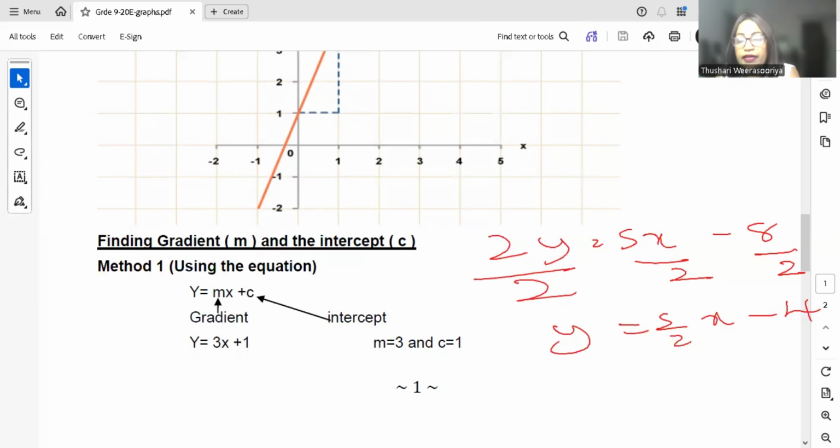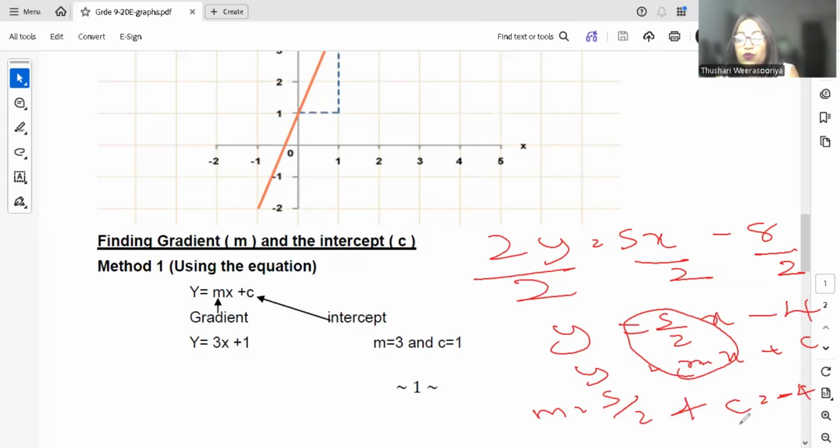This is divisible properly, so you divide. This is not, so just keep it as it is. Then, according to the equation y equals mx plus c, m equals 5 over 2 and c equals -4. That's the final answer.